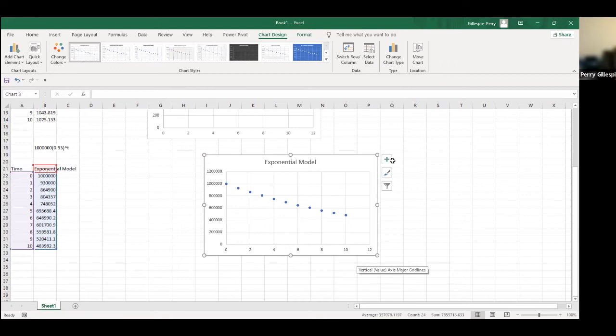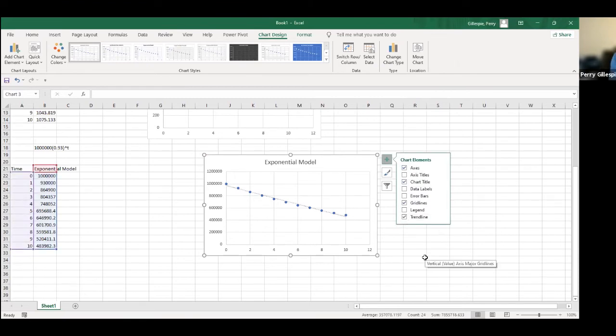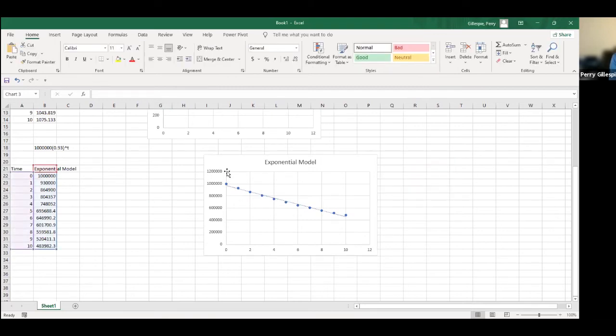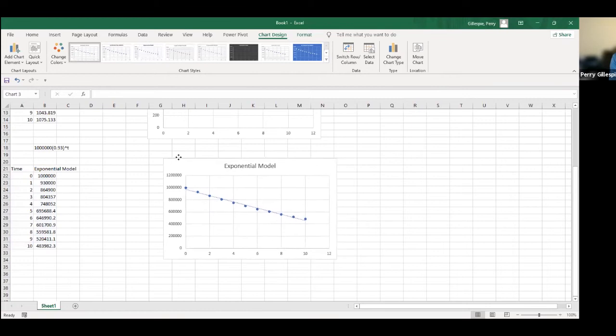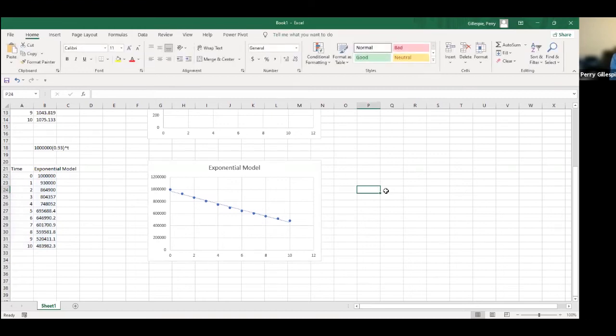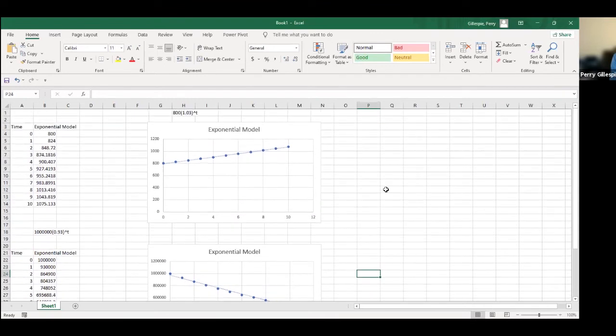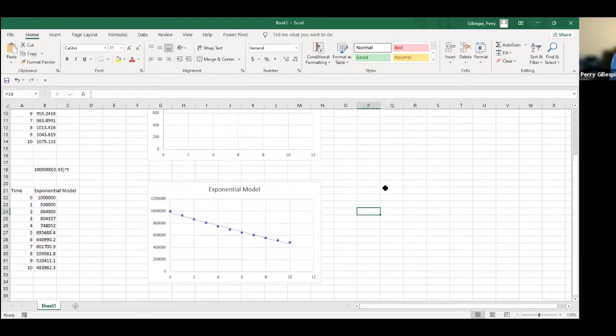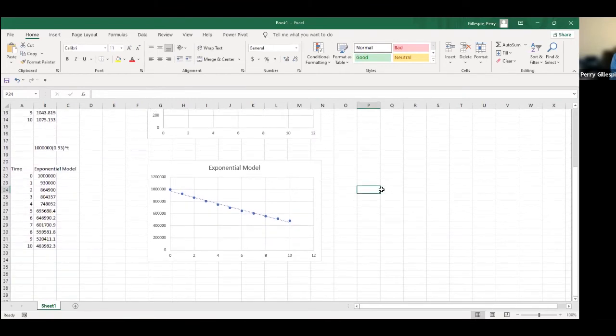Last part, hit the plus sign and add your trend line. So there is the trend line. If we compare these two graphs, you can see one is growing, which was number 28, whereas number 29 is decaying.